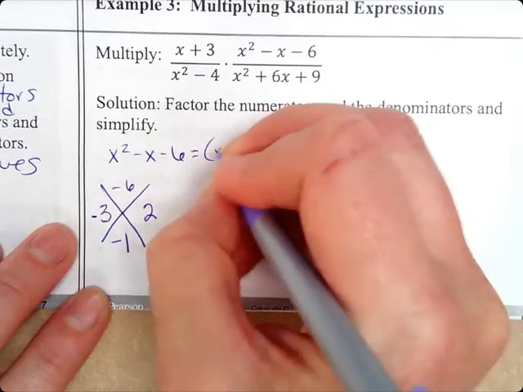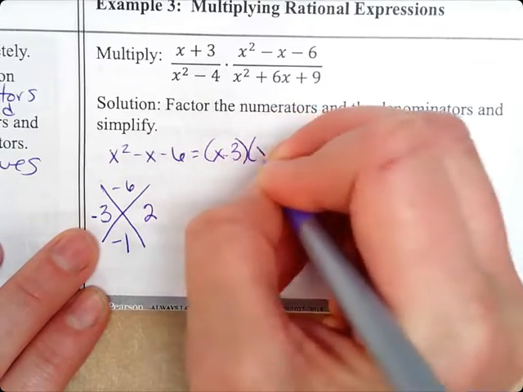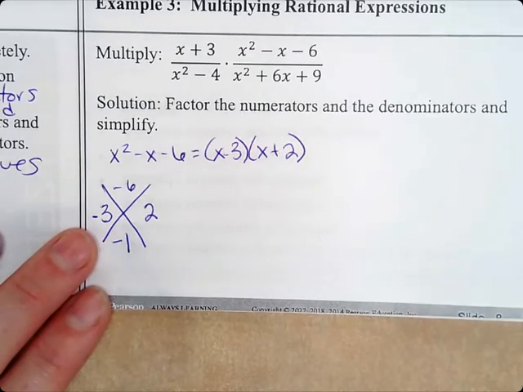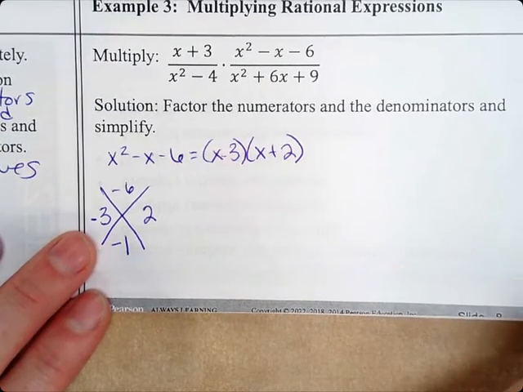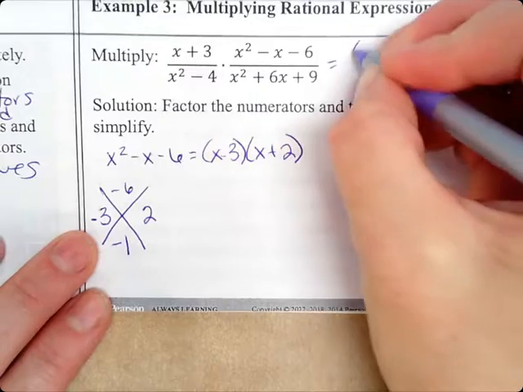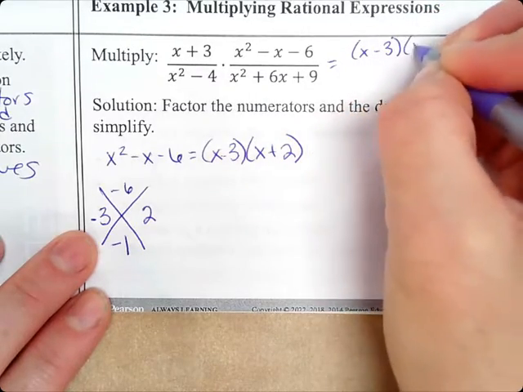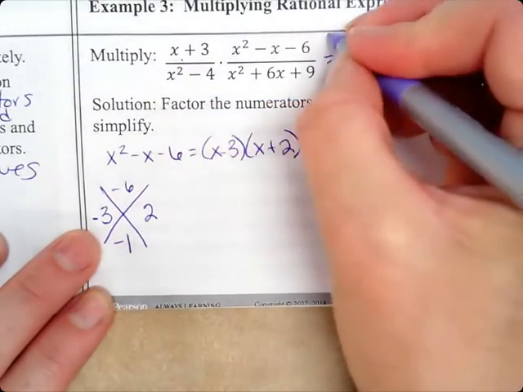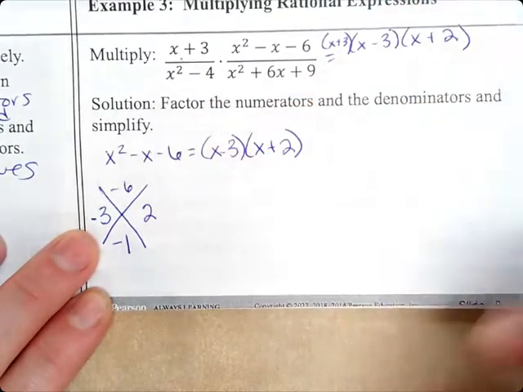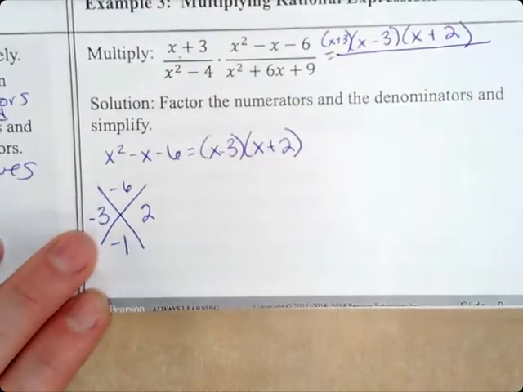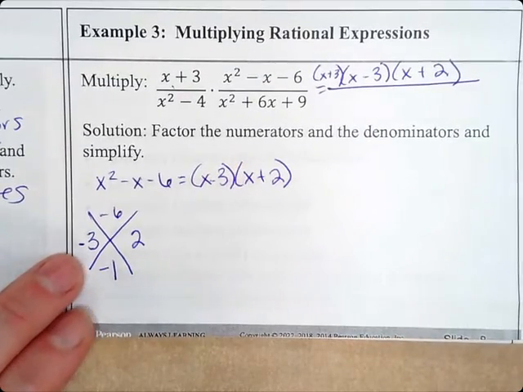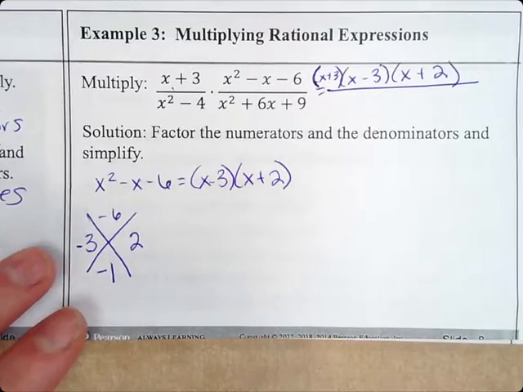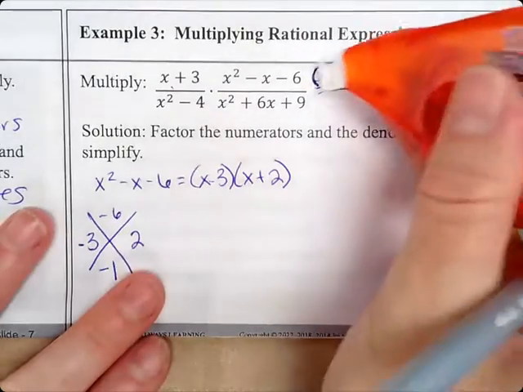So this is x minus 3 times x plus 2. And we still have this x plus 3.